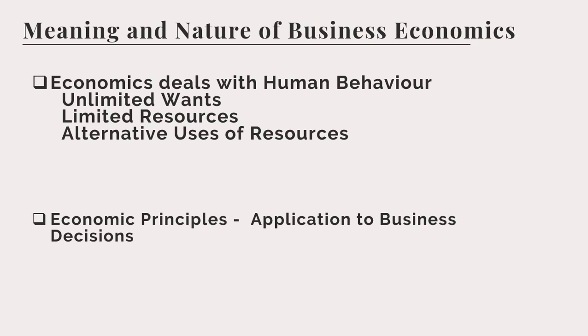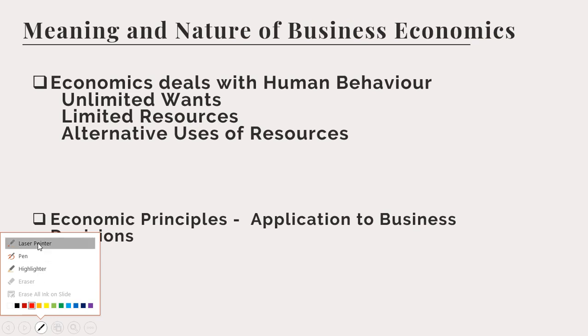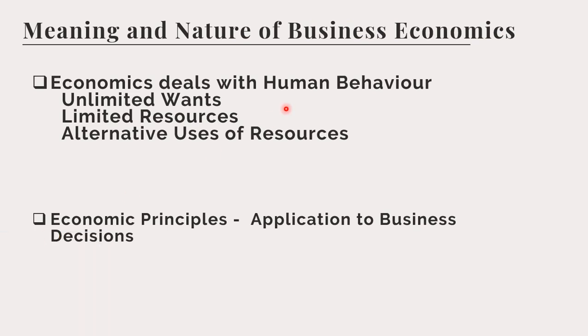First of all, we will discuss what business economics means. Before that, we should know what economics is. What is the meaning of economics? As we know, the meaning of economics is very simple.